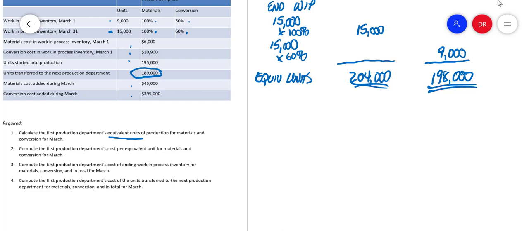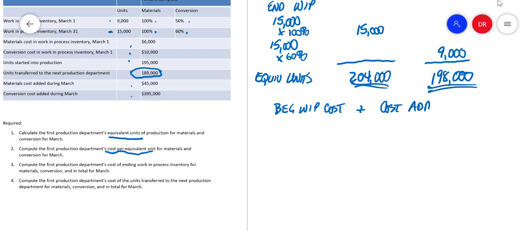Number 2 says calculate the production department's cost per equivalent unit. Now, the cost that we're going to use in this calculation is going to be a little bit confusing because we're not going to do it exactly the same way we do the units. We're going to take beginning work in process cost plus cost added.